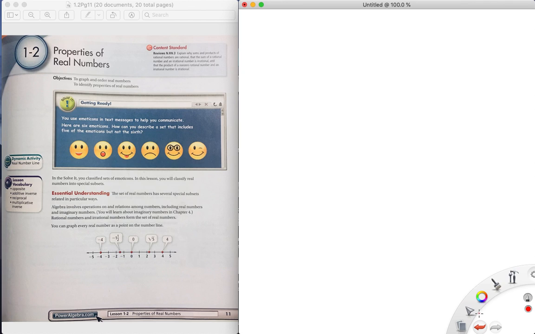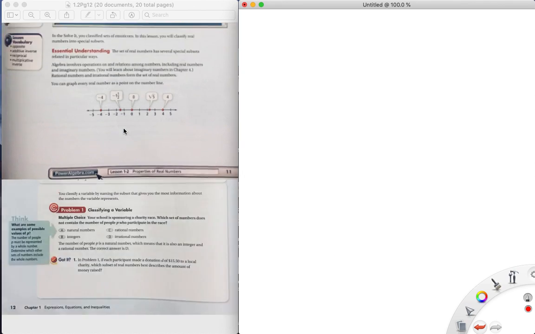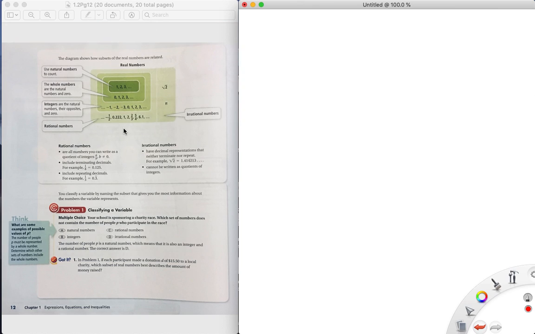Properties of real numbers. All right. Again, another definition heavy section. So we have types of numbers. It starts off with natural numbers. An example of natural numbers: 1, 2, 3, dot, dot, dot.